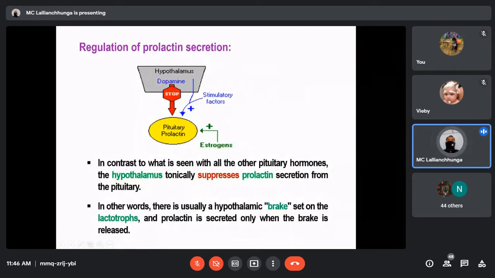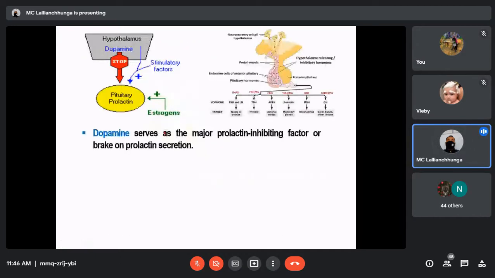But when this brake is stopped, that means when dopamine secretion is decreased, prolactin secretion can increase. Dopamine serves as a major prolactin inhibiting factor, or brake, on prolactin secretion. If the pituitary stalk is cut, prolactin secretion increases.